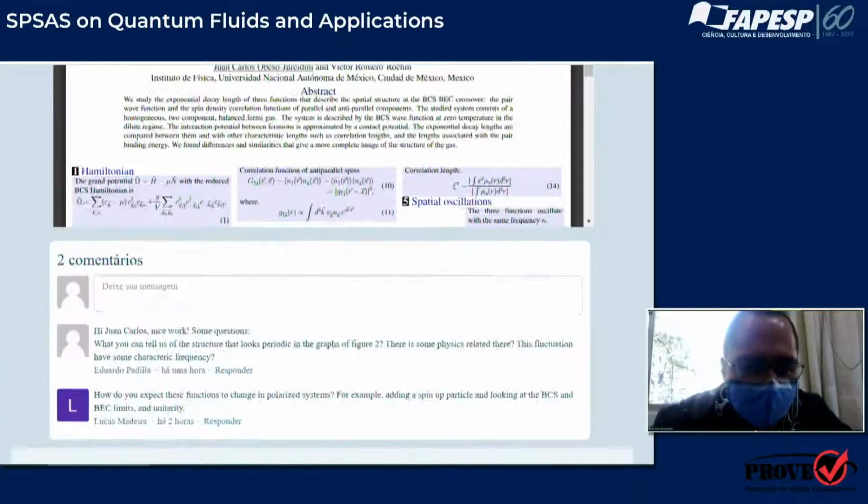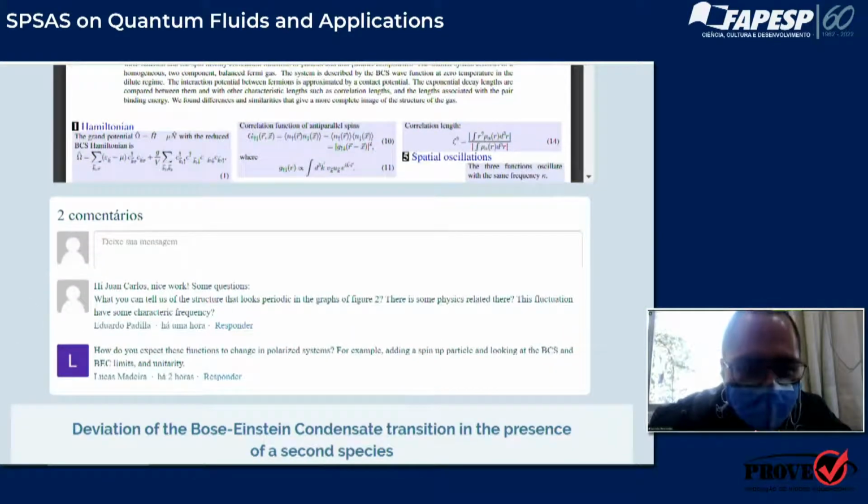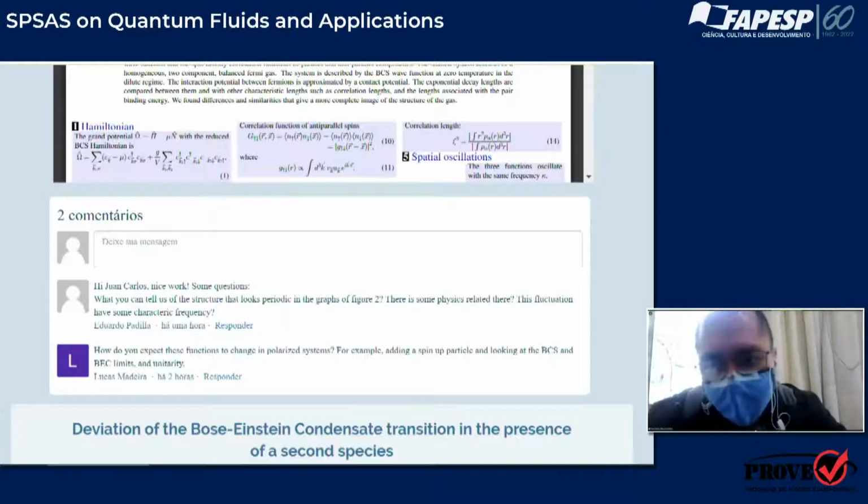The first one is from Eduardo Padilla. What can you tell us of the structure that looks periodic in the graphs of figure 2? And there is some physics related there. These fluctuations have some characteristic frequency. Yes, thank you for the question.